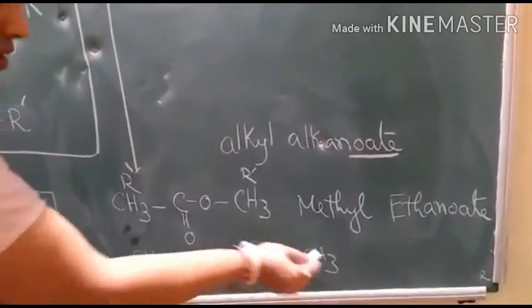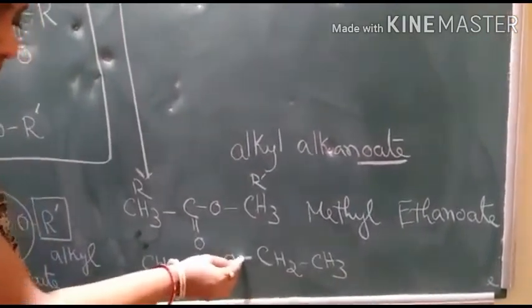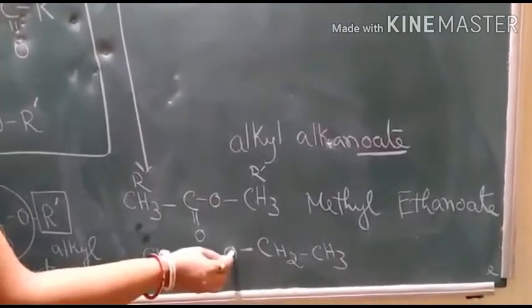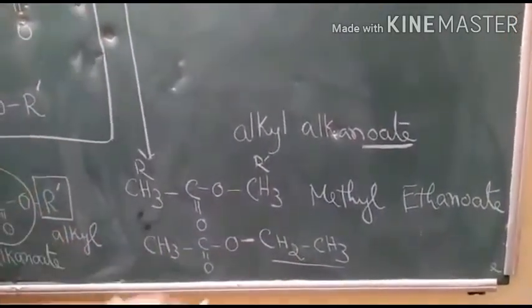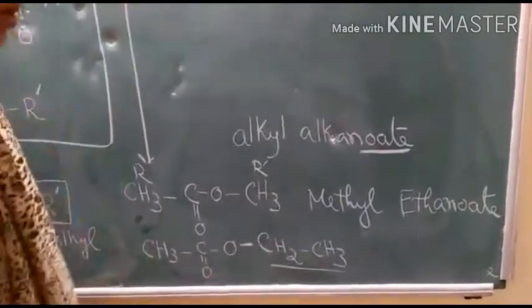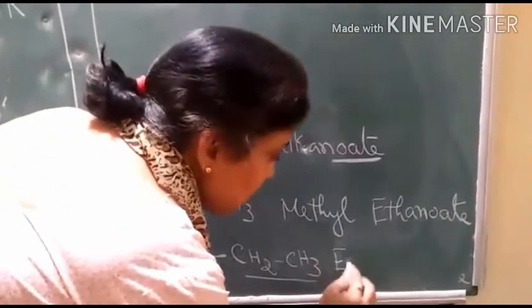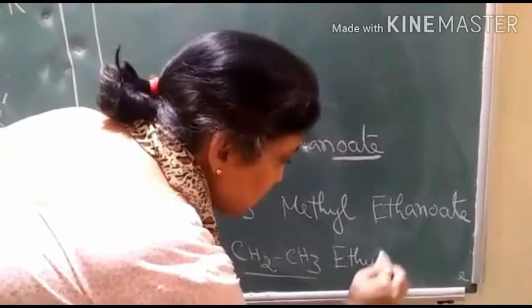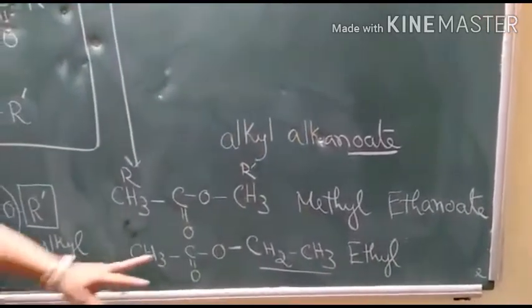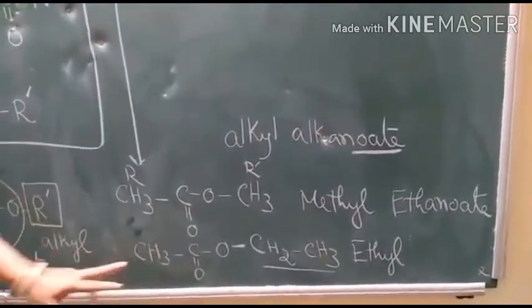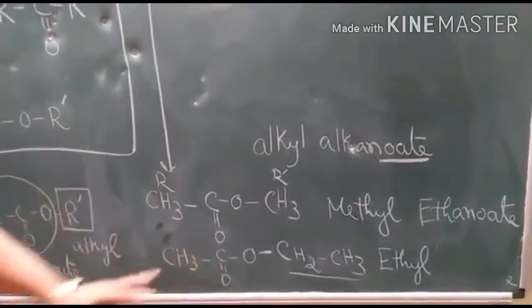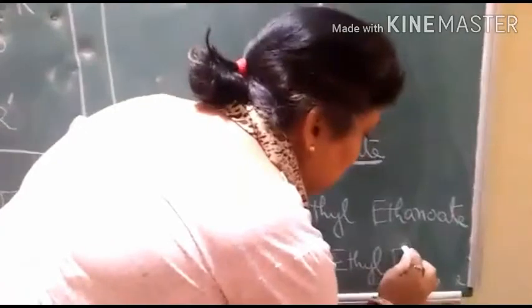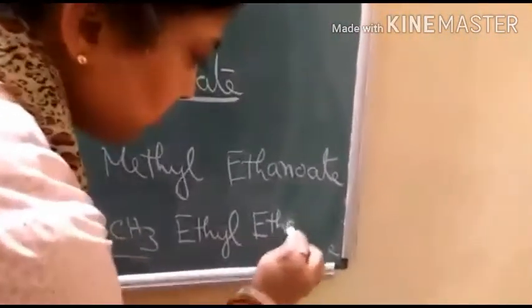Now this is separated because of oxygen, so it will be considered as alkyl. How many carbon? This is 2 carbon, so the nomenclature will be ethyl. And this side also how many carbon? 2 carbon, and the suffix is alkanoate, so the nomenclature will be ethanoate.